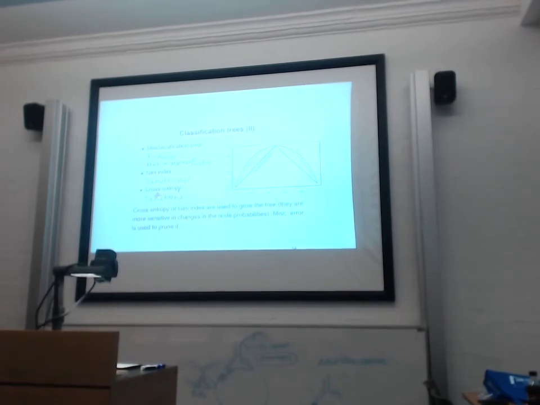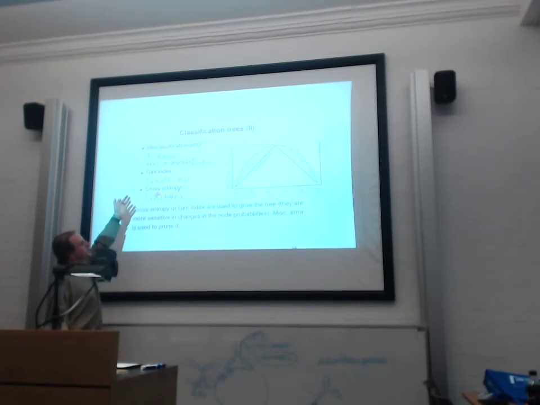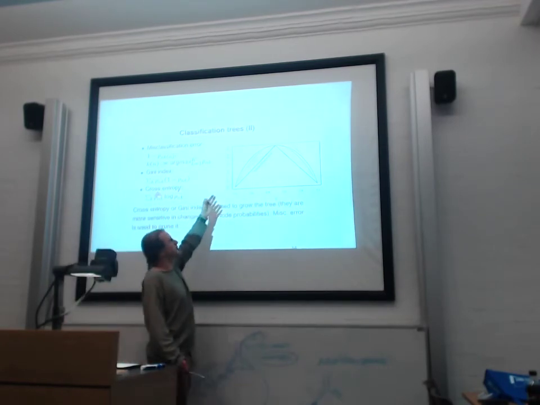So when we grow the tree, rather than using the square error, we can instead, since we're doing classification, it makes sense to use a different loss function.